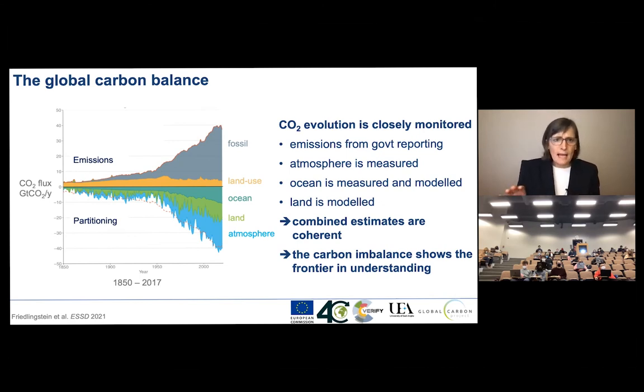These 5 terms are estimated through methodology that is almost completely independent from one another. So the fact that the red line here is the exact mirror of the top emissions, the fact that we can account for all of the emissions of carbon dioxide with our independent estimates of ocean, land, and atmosphere suggests that we have a very good understanding, or a reasonably good understanding, I don't want to overdo it, of the dynamics of the carbon cycle.